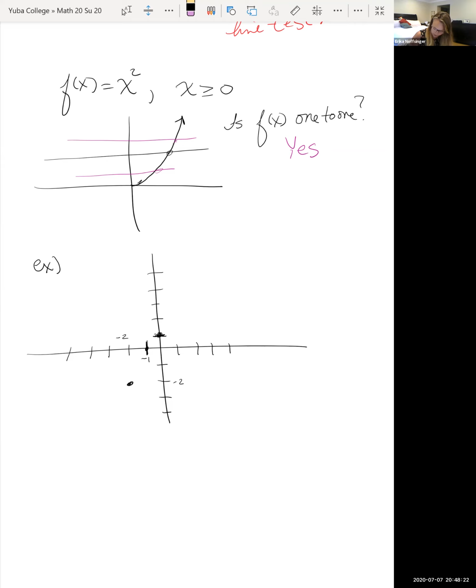And we have a point at 1, 2. My graph doesn't look good at all.